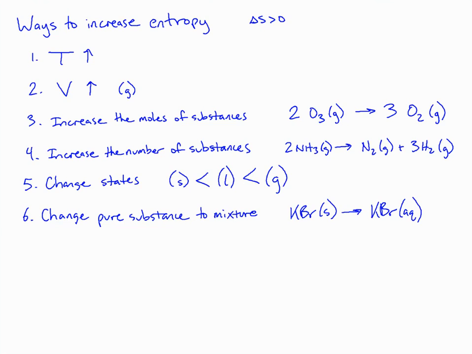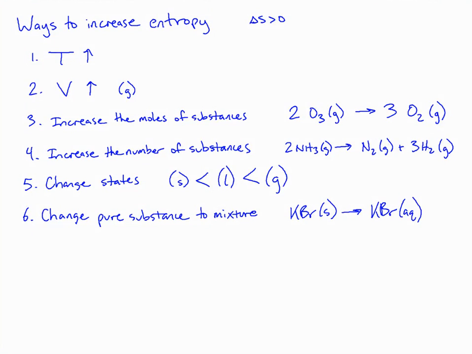It's going to be more disorderly. There are more possible arrangements. Number two, increase the volume of a gas specifically. If you have a small container of a gas, the particles are somewhat limited in where they can go. But if you put that gas into a much larger container, there's just more places where those gas particles could go.